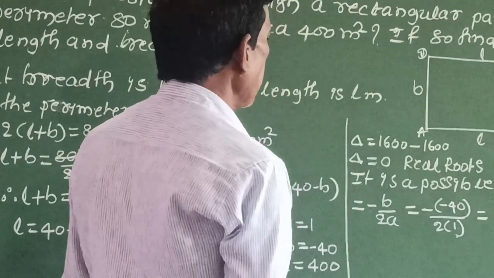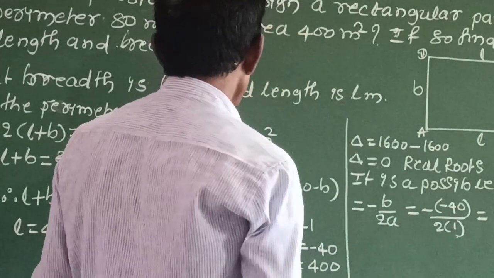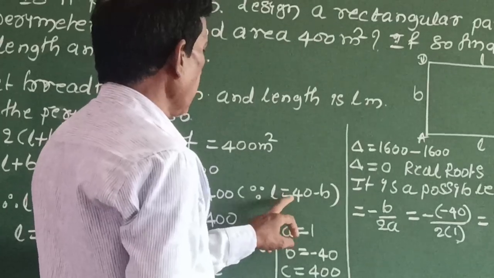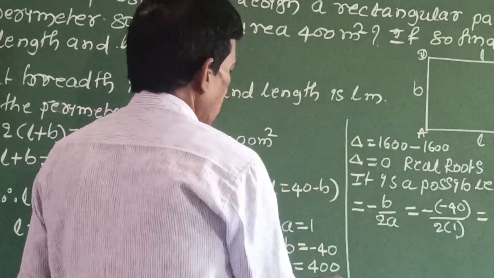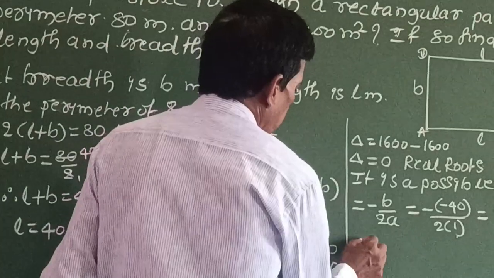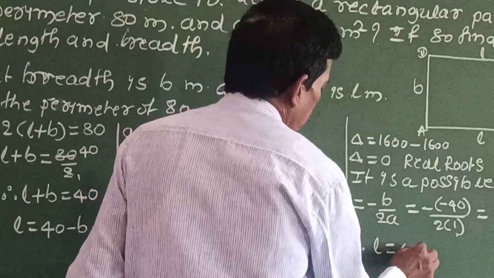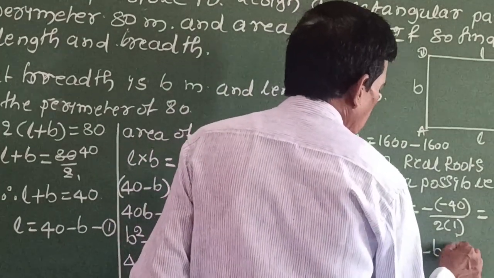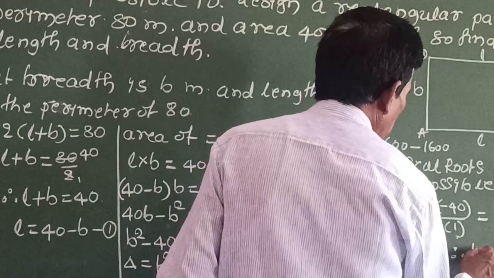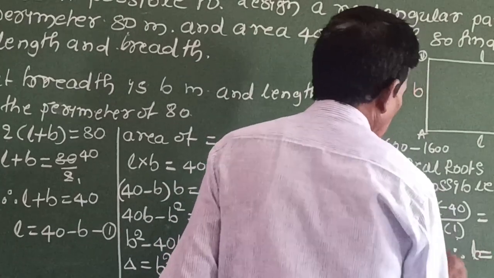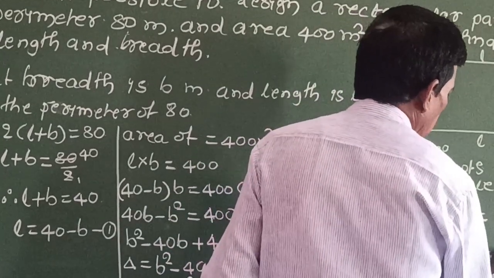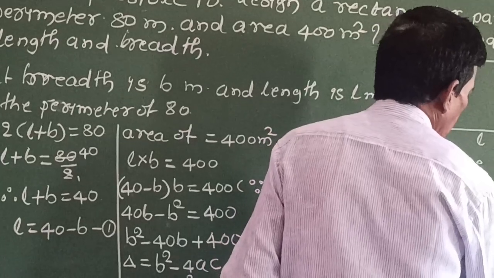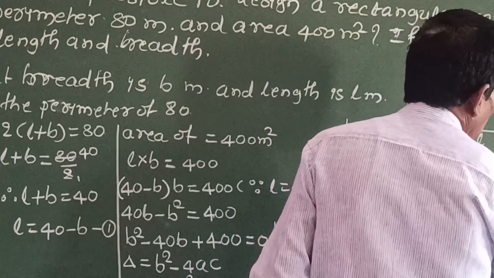Next, you find the length. So L equal to 40 minus B. Therefore L equal to 40 minus 20 equal to 20 meter.